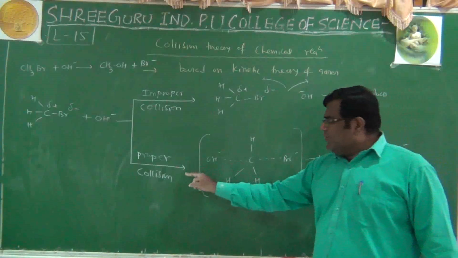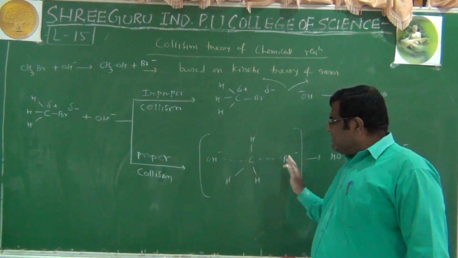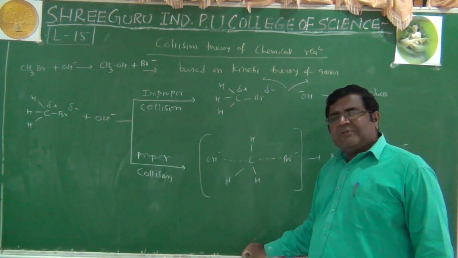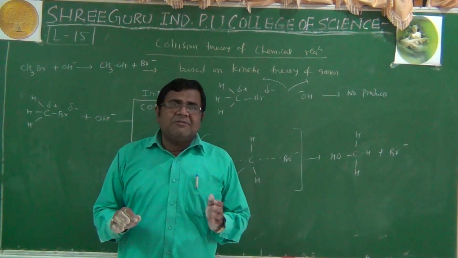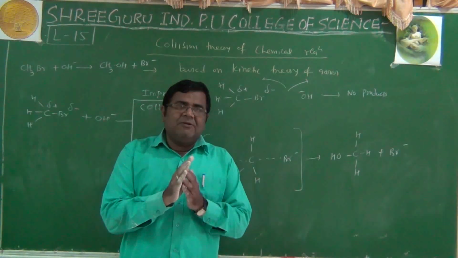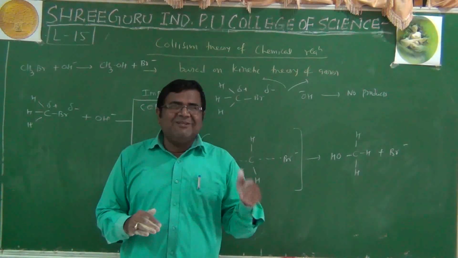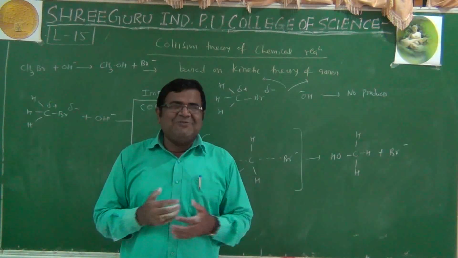So this is the proper collision, because the OH negative ion approaches from the rear side. Just like a progress report is given to you and you are getting fewer marks, so instead of facing father face to face, you want to go from mother's side, so that the impact will be minimum, damage will be minimum.